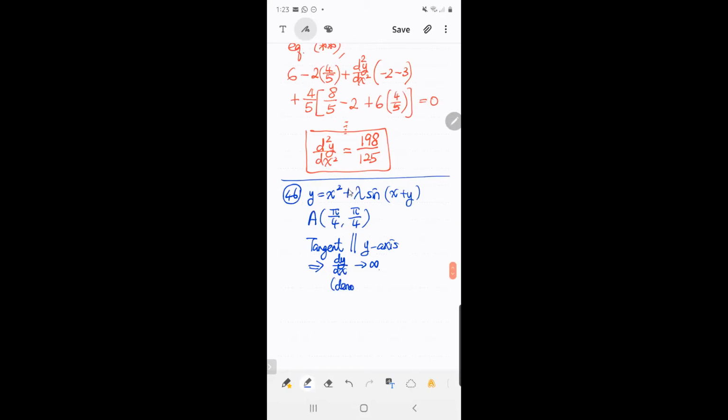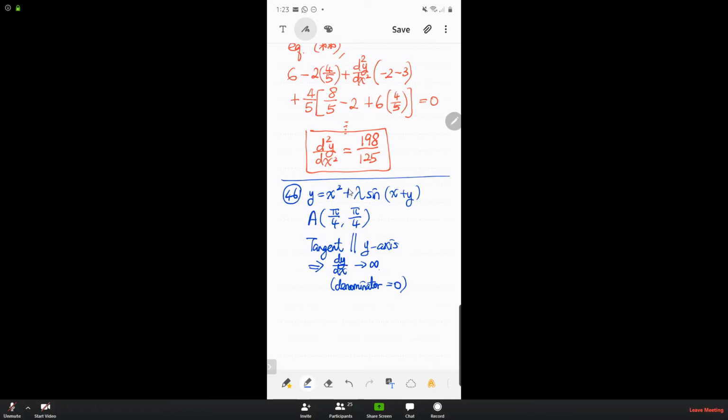So your dy dx must be a rational function and the denominator must be equal to 0. That is the meaning of the tangent being parallel to the y-axis. However, for this question, they say C has no tangent which is parallel to the y-axis. That means the denominator cannot be 0. All right. So let's look at what you are going to get for your dy dx.